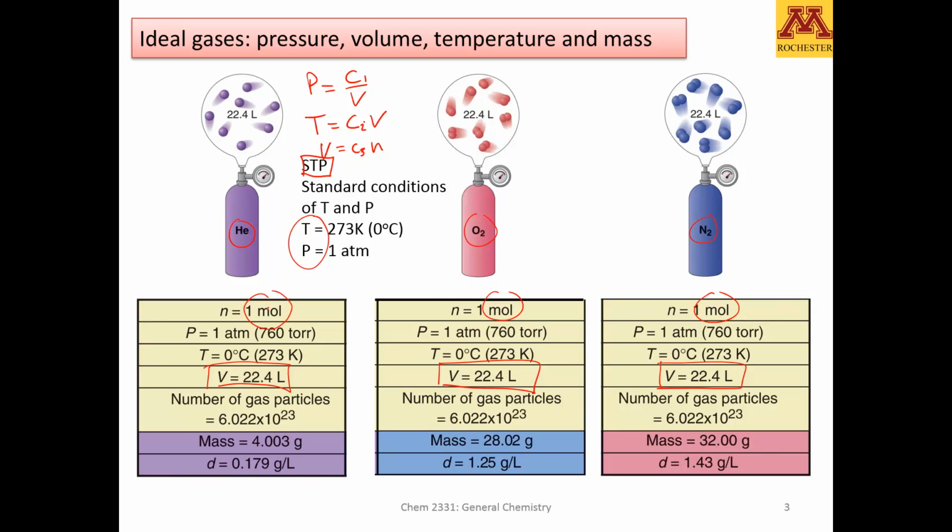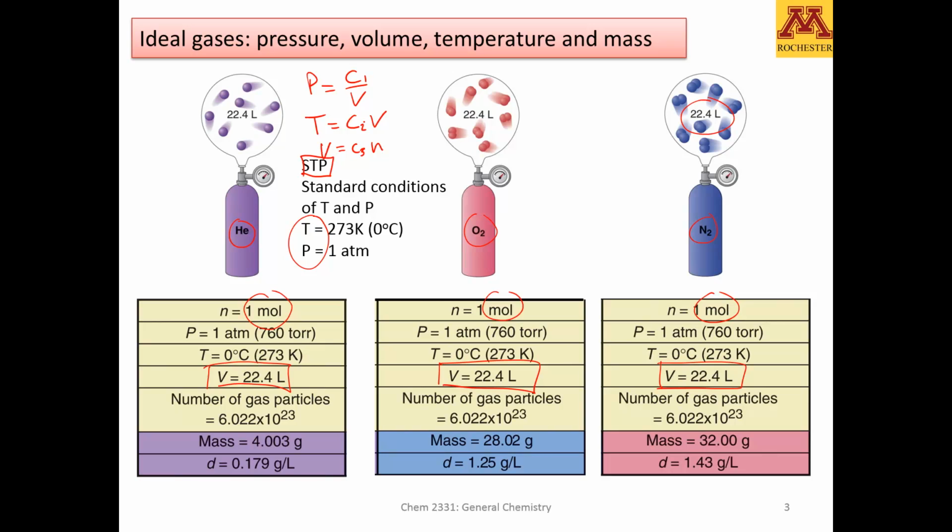So 1 mole of helium at these conditions occupies 22.4 liters. 1 mole of oxygen in these conditions occupies 22.4 liters, and 1 mole of nitrogen in these same conditions occupies 22.4 liters as well.